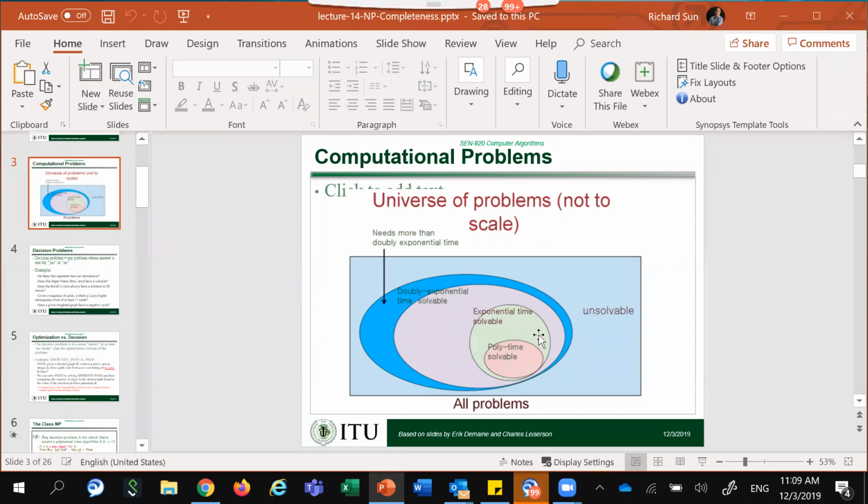This picture shows you a hierarchy of the difficult problems. The inner circle represents the polynomial time solvable problems.